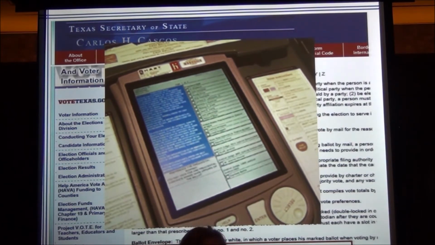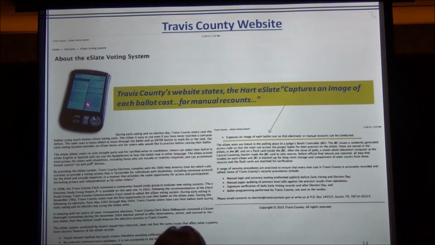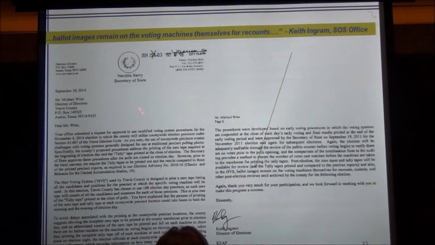Even the Secretary of State's office defines what a ballot image is. Travis County's website says the equipment captures an image of each ballot cast. They're promising it to you all day long until you ask. Until you put up or shut up, right? And remember, the Secretary of State's office even said ballot images remain.